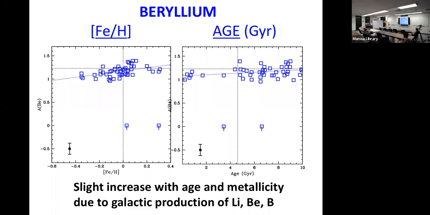And with that kind of energy, they can break up those nuclei into little pieces. And the little pieces are lithium, beryllium, boron, hydrogen, whatever. So this is going on during the life of the galaxy. So there is a slowly increasing amount of lithium, beryllium, and boron.